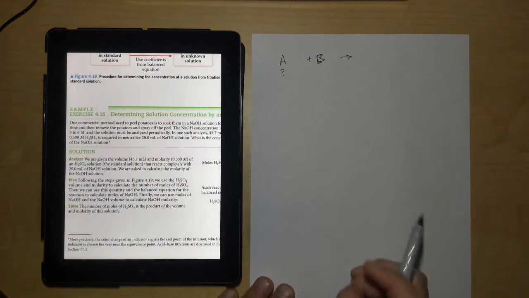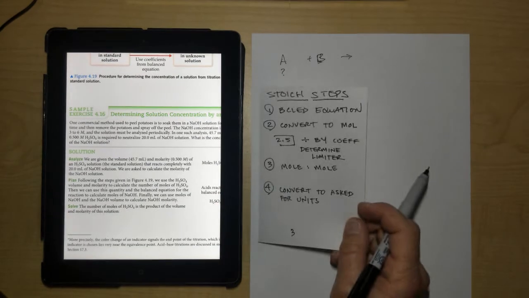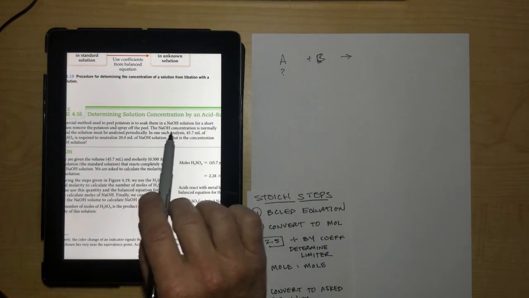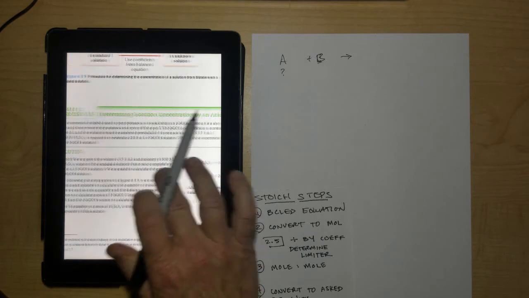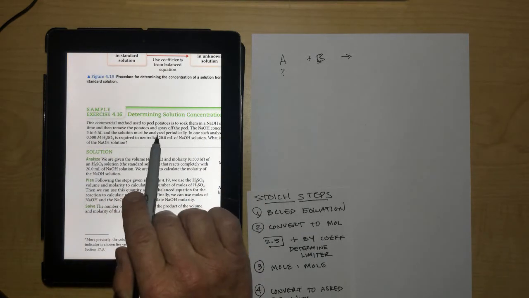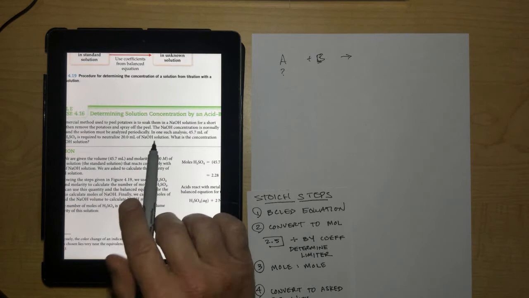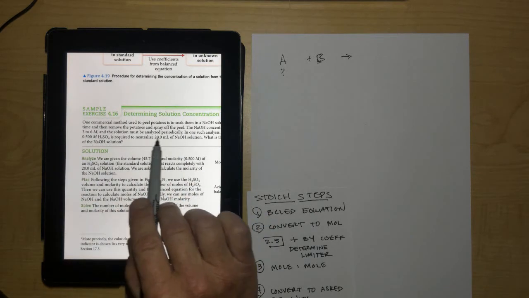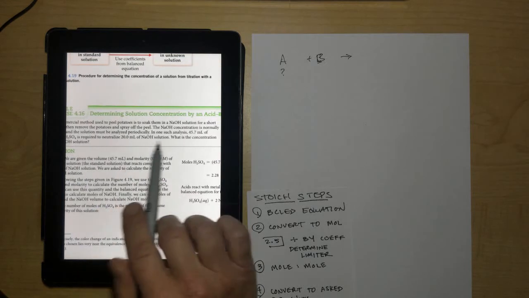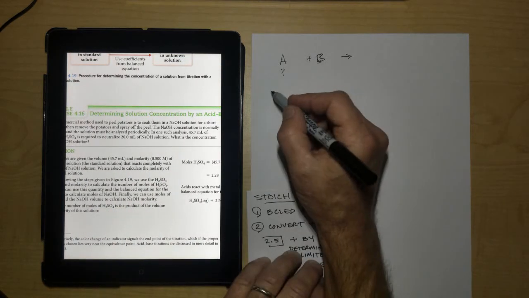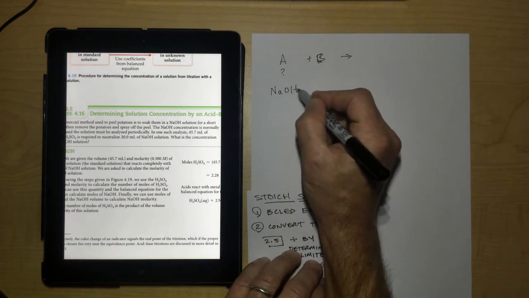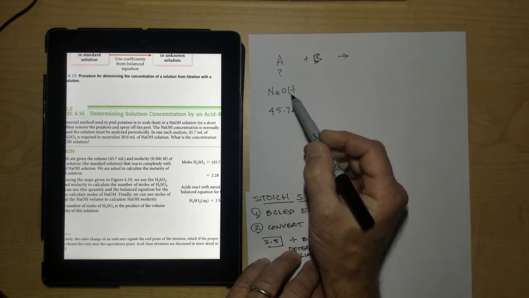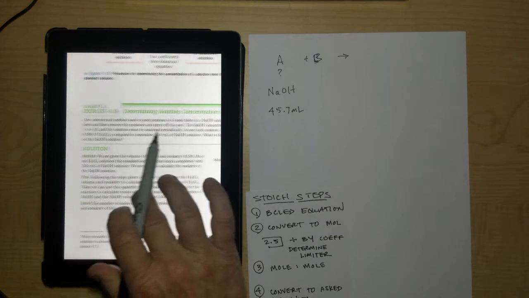Sample exercise 4.16. It uses these same steps right here. One commercial method used to peel potatoes is to soak them in NaOH solution for a short amount of time and then remove the potatoes and spray off the peel. The NaOH concentration is normally 3 to 6 molar, and the solution must be analyzed periodically. Notice how I write down my data right away.